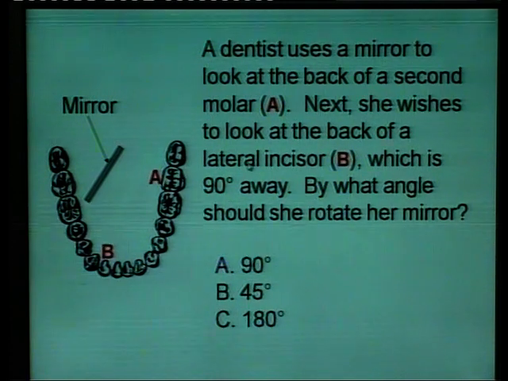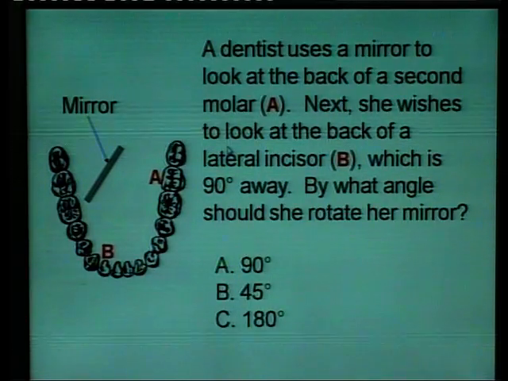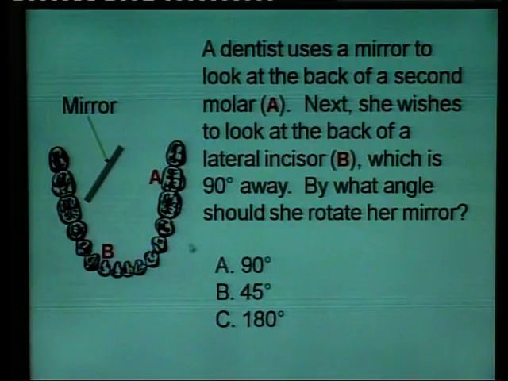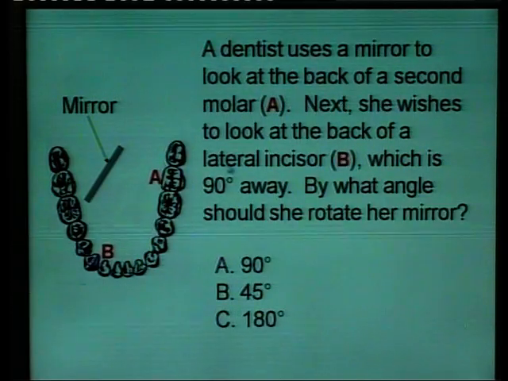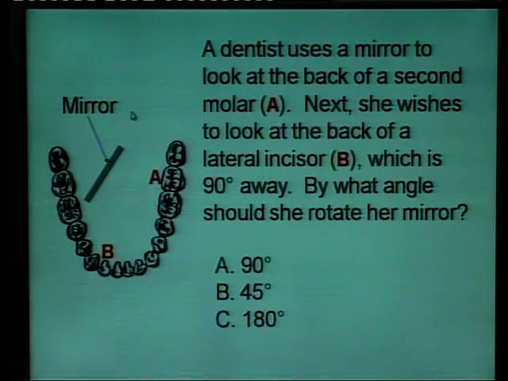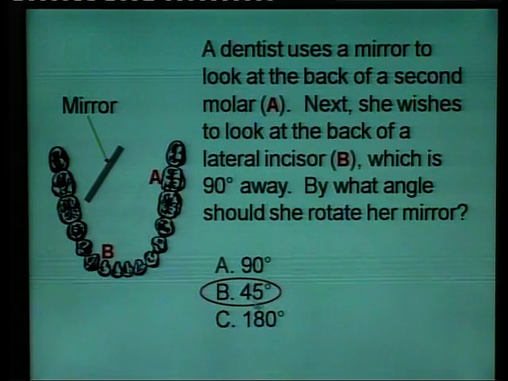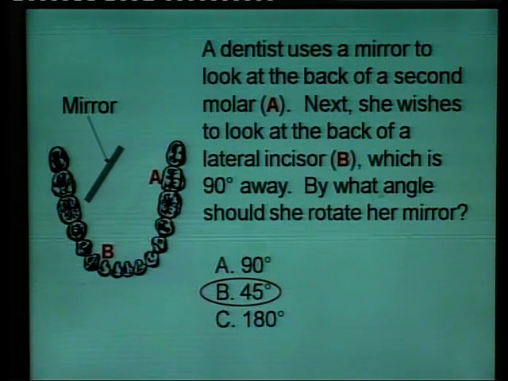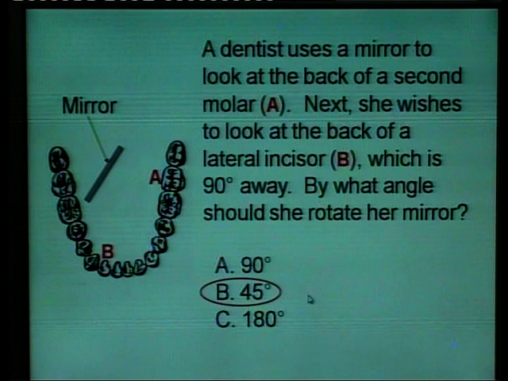A fact we know about reflection is that when the mirror is rotated by an angle theta, the reflected ray is rotated by twice theta. So if you have to rotate the image by 90 degrees, the mirror will be rotated by half of this, that is 45 degrees. So the answer is 45 degrees.